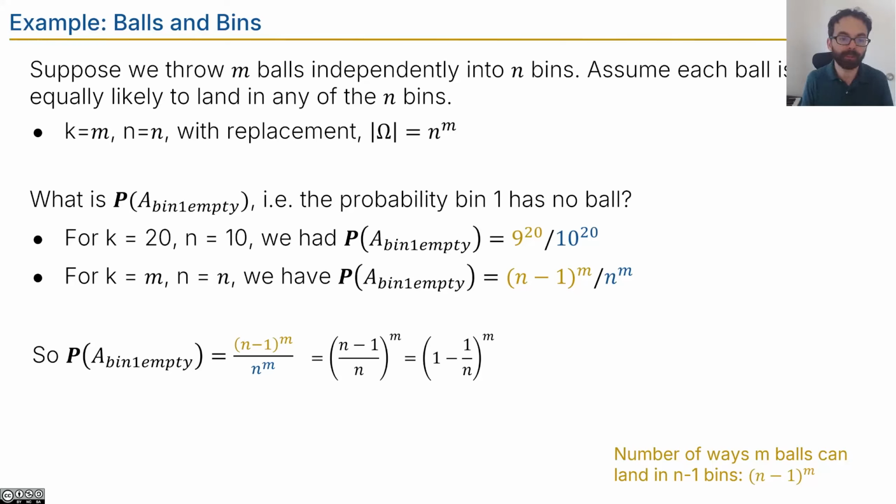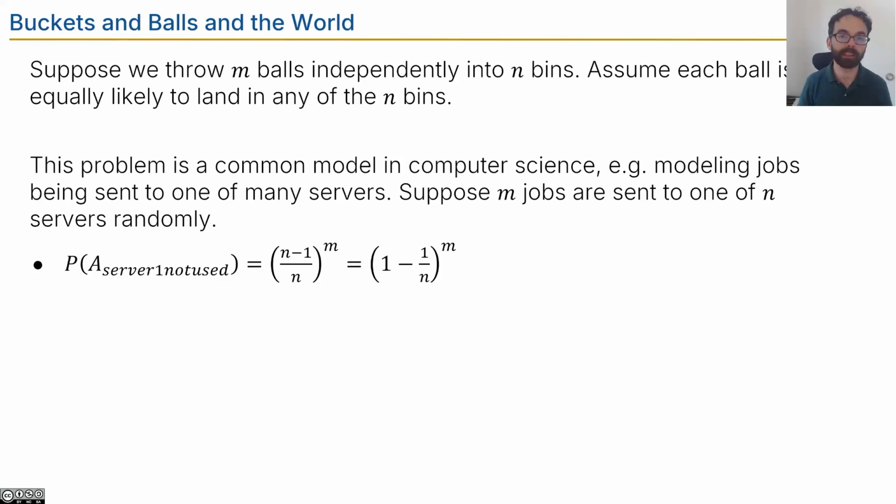So why does this formula matter? It's kind of interesting to derive, but you'll also see it used occasionally in practice. For example, in computer science, imagine we send m jobs to one of n servers randomly. We're not doing any load balancing, we're just sending them out there. The question is, how likely is it that server 1 is not used? And it's that expression, 1 minus 1 over n, all to the m.